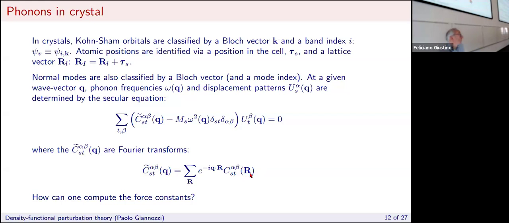You cannot because you have no way to apply a perturbation to a single atom of the entire crystal. You can deal with monochromatic perturbations only, basically, of whatever wave vector you want, but you have to stick to monochromatic perturbations.